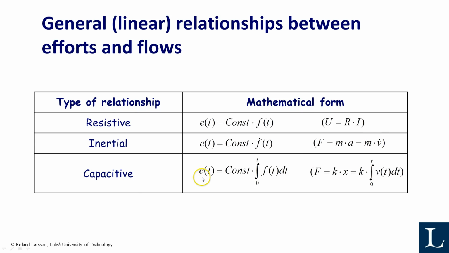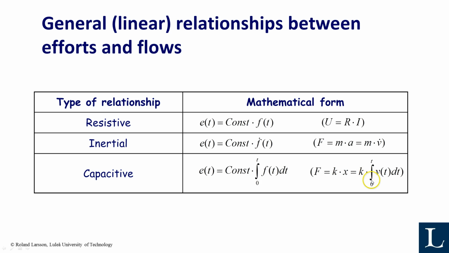And finally, capacitive models, that's a constant multiplied by the integral of the flow parameter. The typical example is the relationship between the force and deflection of a spring, and then the k is a kind of spring coefficient.